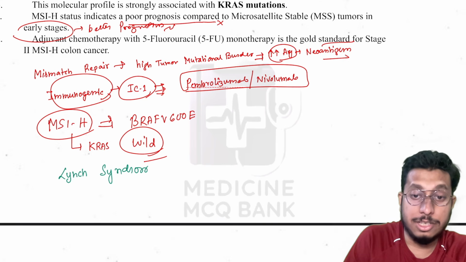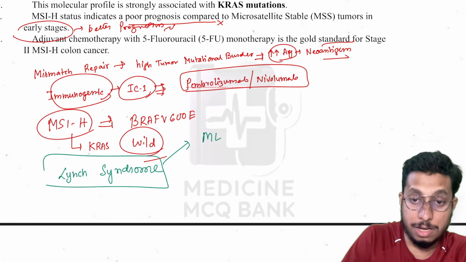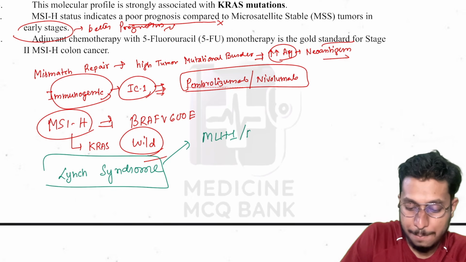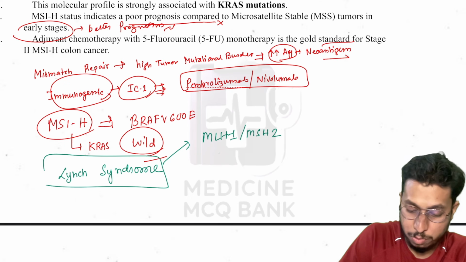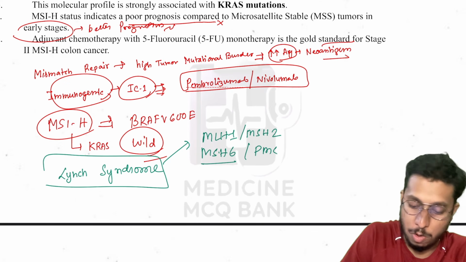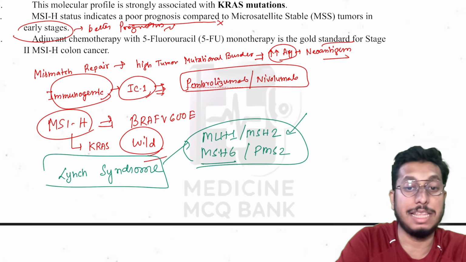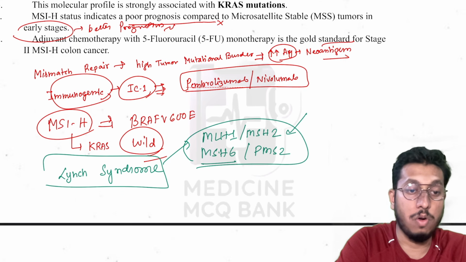In Lynch syndrome, there is germline mutation in MLH1, MSH2, MSH6, and PMS2.